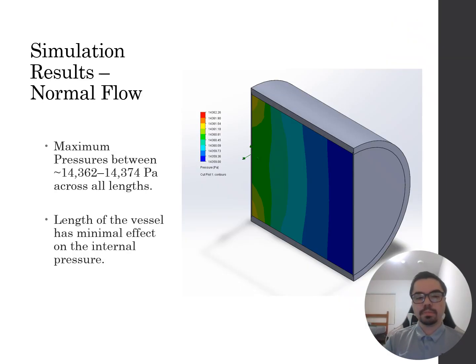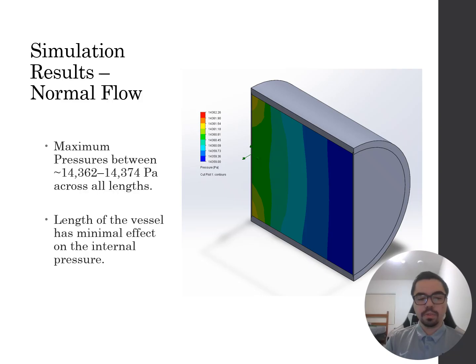So starting with the results for the normal flow, you can see the example. This is for the 10 millimeter one, but you can expect very similar results from both the 1 millimeter and 100 millimeter models. The maximum pressures between all 3 lengths were between about 14.36 kPa and 14.37 kPa.